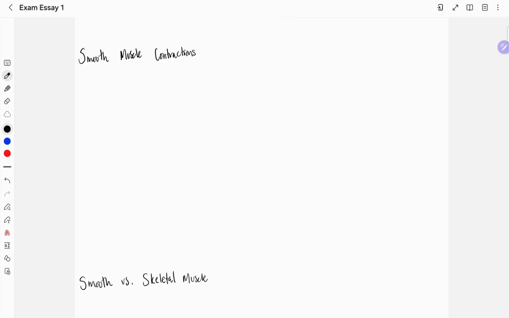Smooth muscle, for example, in organs that contract involuntarily without our conscious effort, or smooth muscles found in sphincters throughout the body, etc., that can contract for much longer than we can hold a contraction with skeletal muscle.